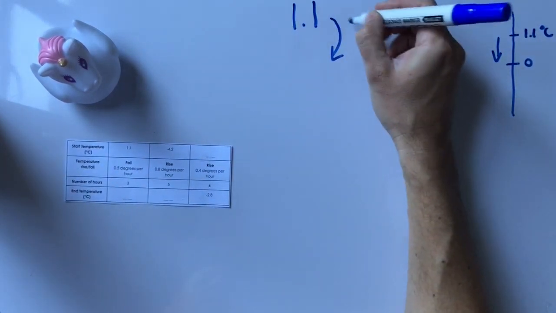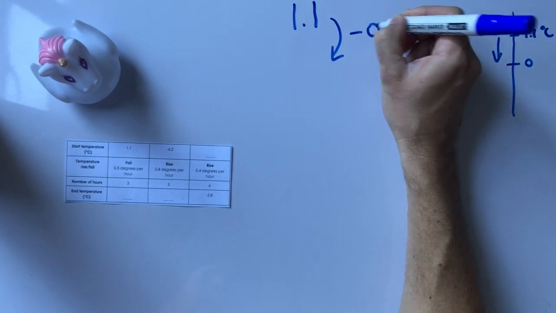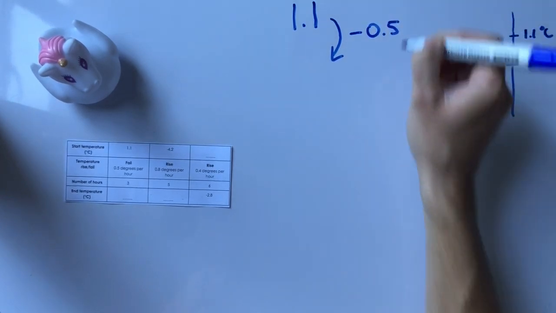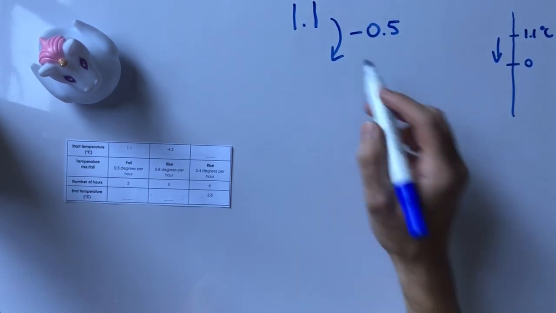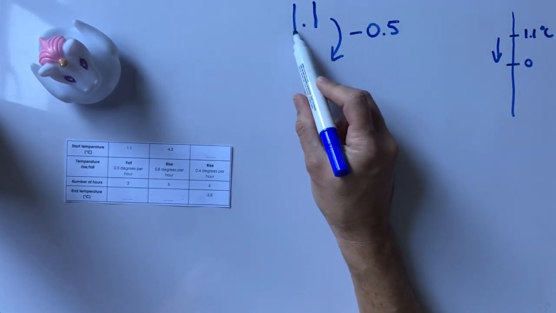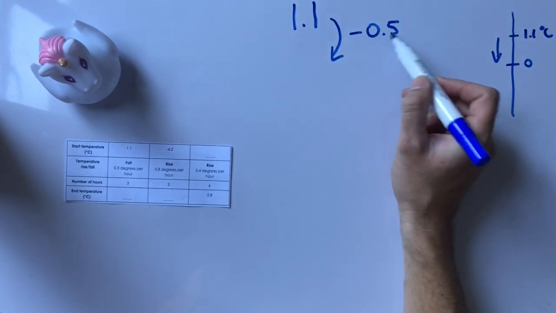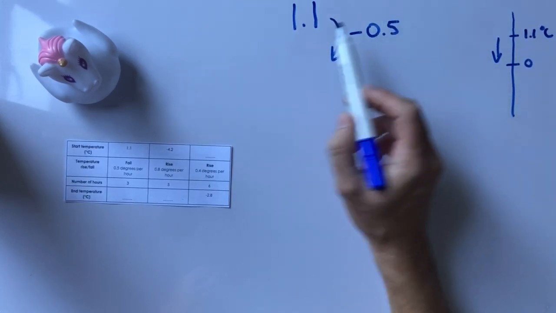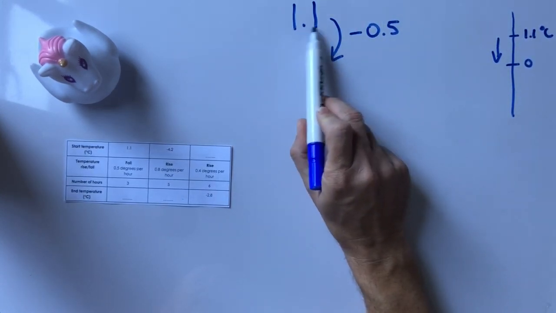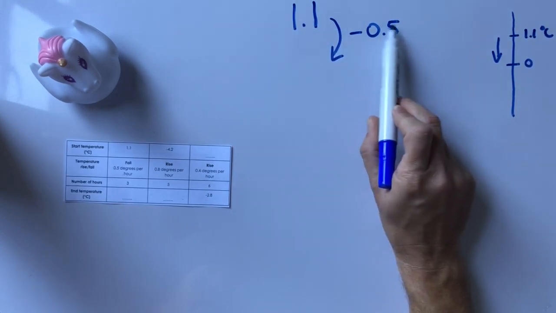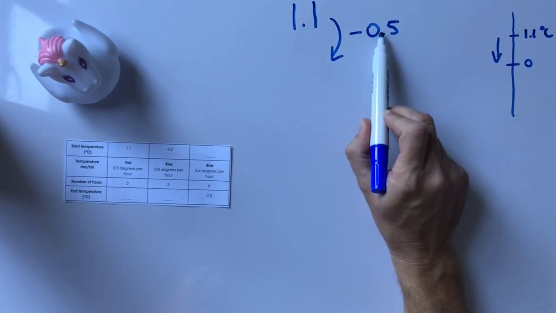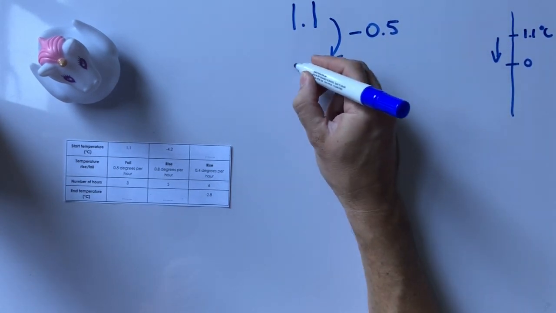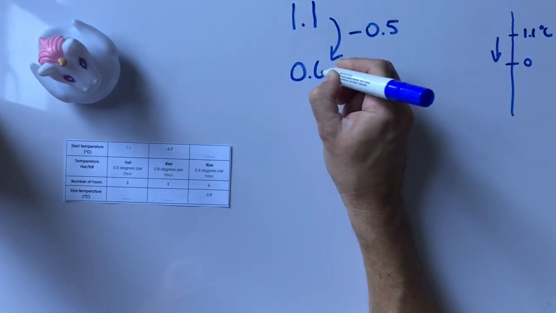So 1.1, and we're going to take away or drop by half, or 0.5. It might look difficult because this is 1.1 and then minus 0.5, but if you look at this, it looks like an 11, and that looks like a 5. So if I had 11 and I took away 5, that would be 6. So I would end up with 0.6.